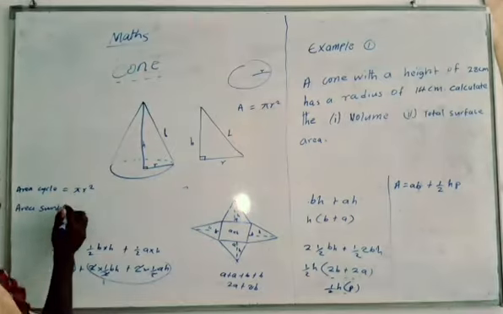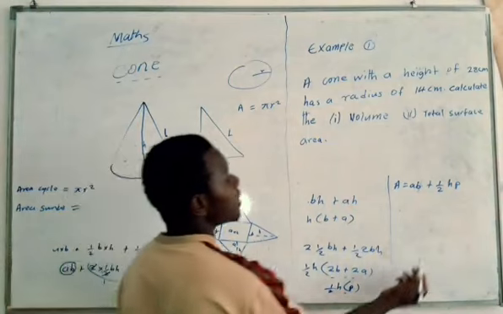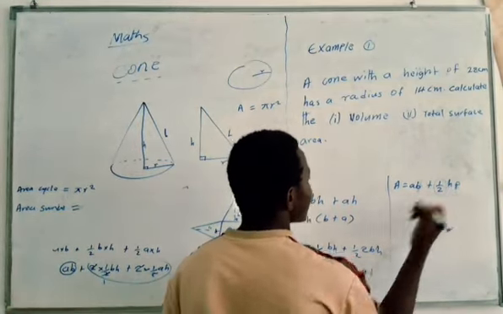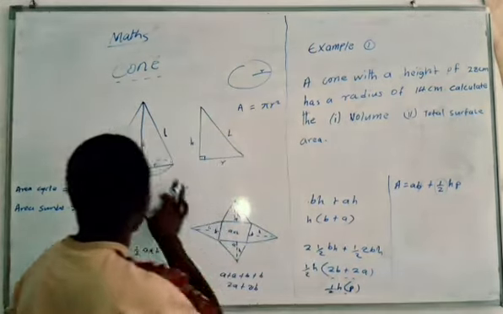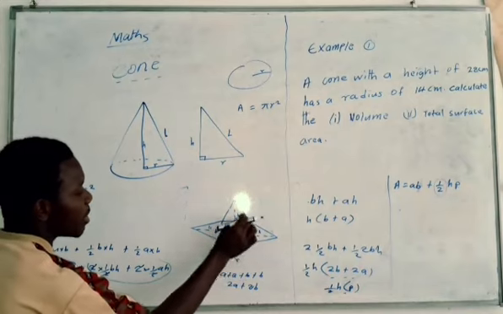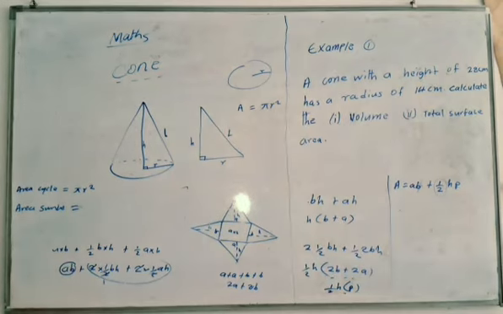To find the area of the curve, we do the same thing. We know it's going to be half times the height times the perimeter, because this concept is going to apply here. Imagine if you have plenty of these triangles here, plenty of them, you're going to add up to gain a cone.